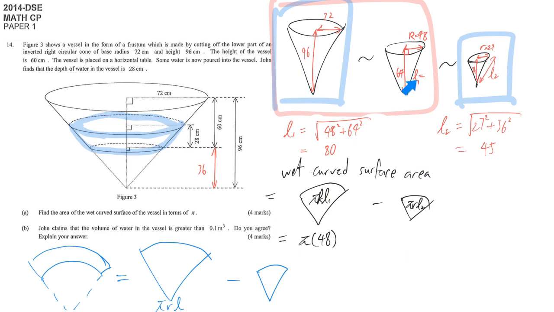The slant height of this cone is 80. And then minus the smaller radius is 27. The slant height here is 45.